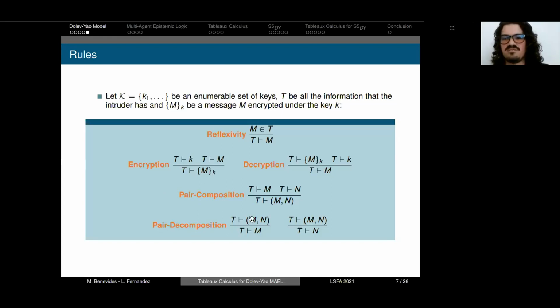And we also have the composition of messages.